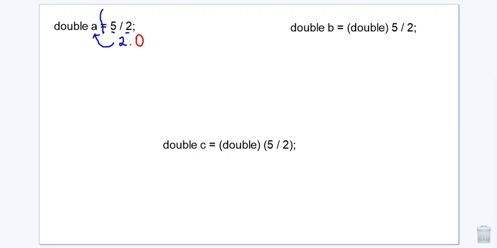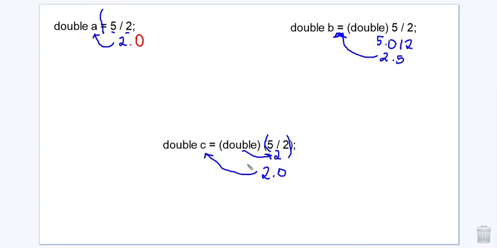All right, so in this example, I make my 5 a double and divide by 2, and I get 2.5, and then I assign that to B. And then here, the double is being applied to the parentheses, and so 5 divided by 2 is just going to be 2, and then I apply the casting to it, and then I assign it to my variable.